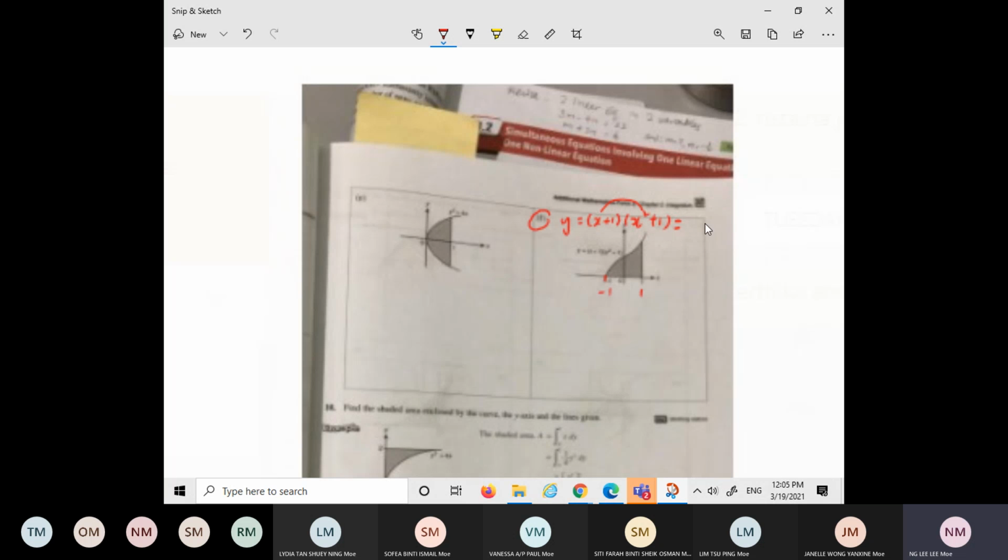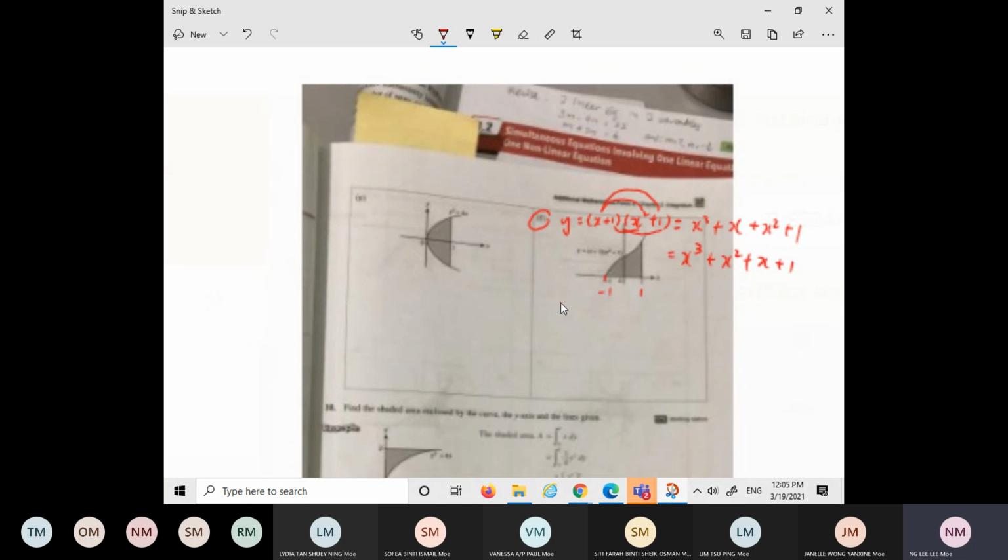Term by term: first term and first term, so x to power 3. First term and second term, so x. Second term with the first term is x squared. And lastly, this is 1. So I write back in the order of highest powers first: x to power 3, x squared, x and then 1.